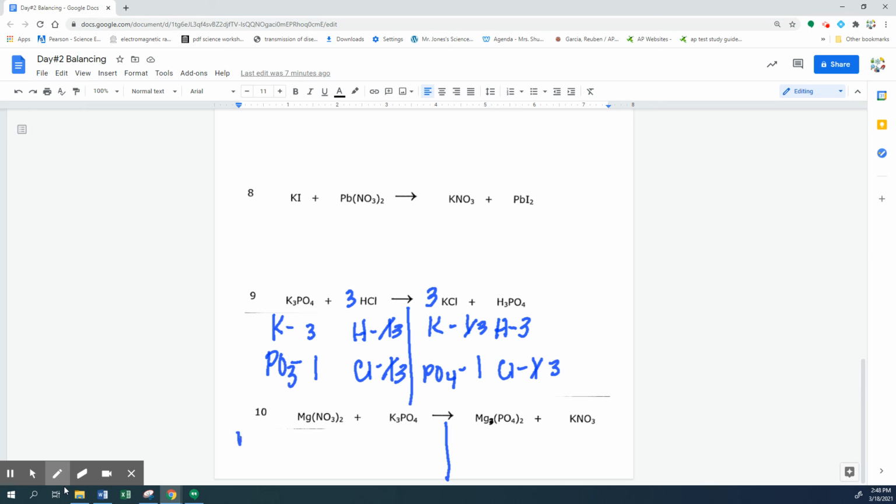For our last example, we have magnesium, nitrate, potassium, and phosphate.